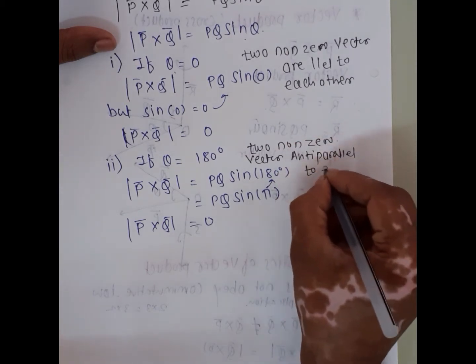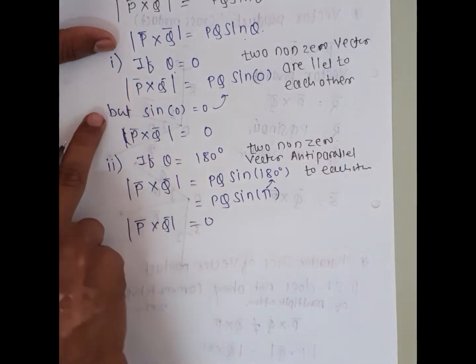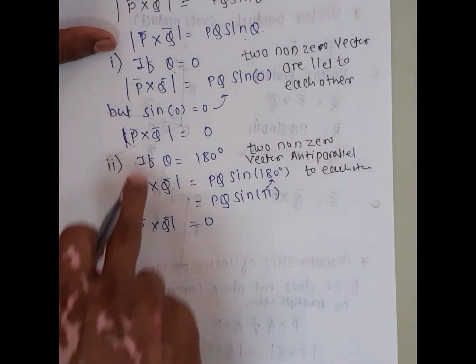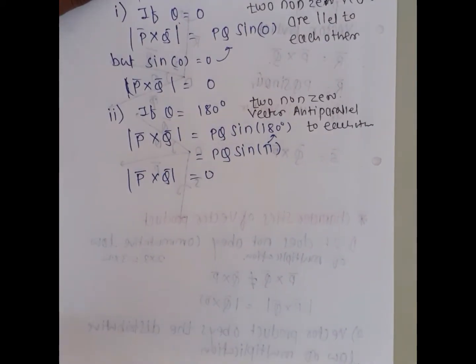So that's why the magnitude of p bar cross q bar is 0 in both. Okay, and what is the remaining case?